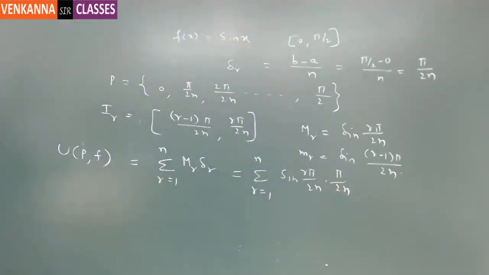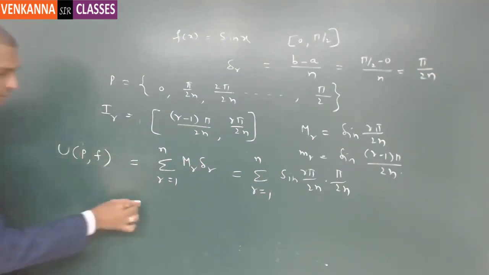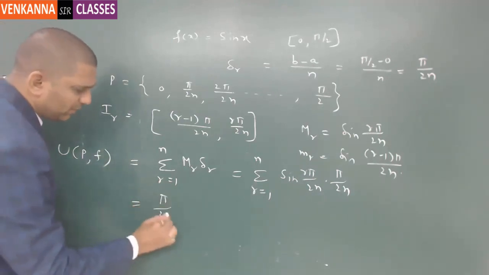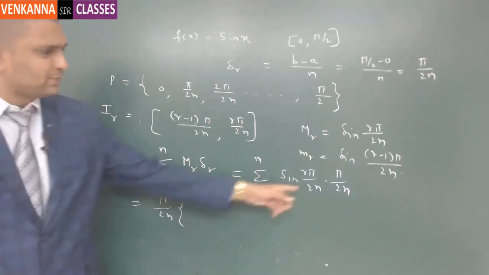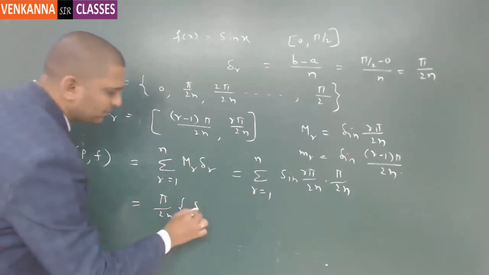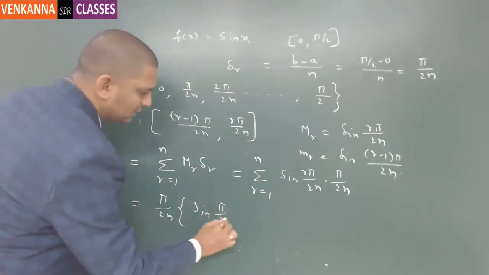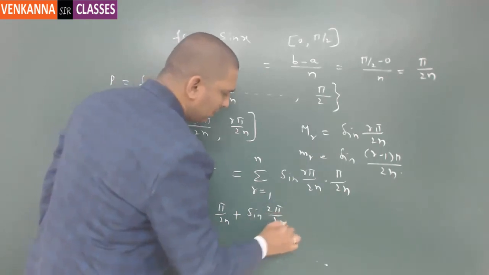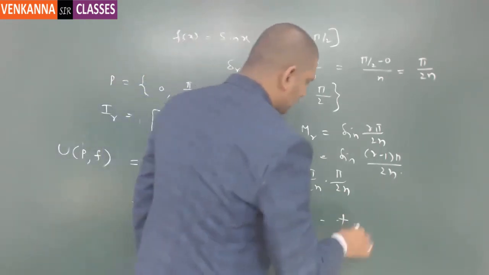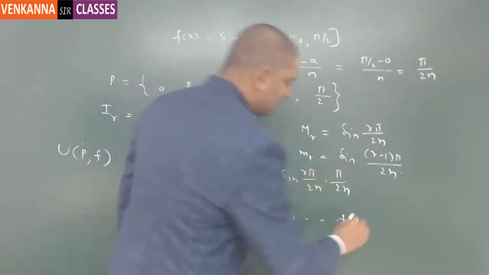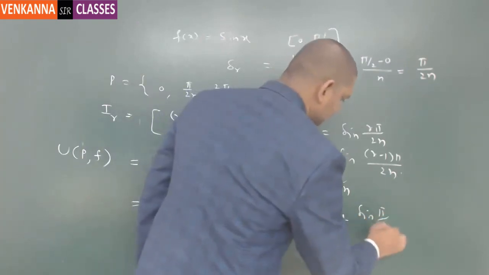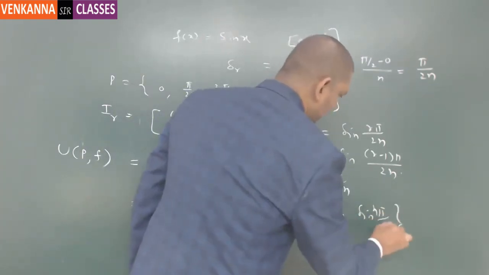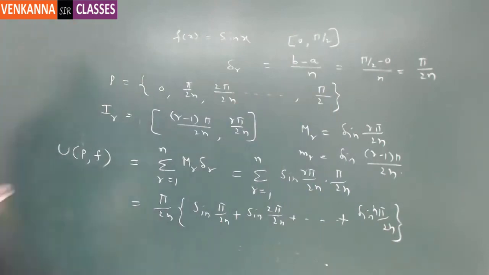Since r is the varying parameter here and pi by 2n is constant, you can take pi by 2n outside. So this is equal to pi by 2n into, expanding the summation, sin pi by 2n plus sin 2 pi by 2n plus so on plus sin n pi by 2n, nothing but sin pi by 2. Or sin n pi by 2n, you can write it like this.